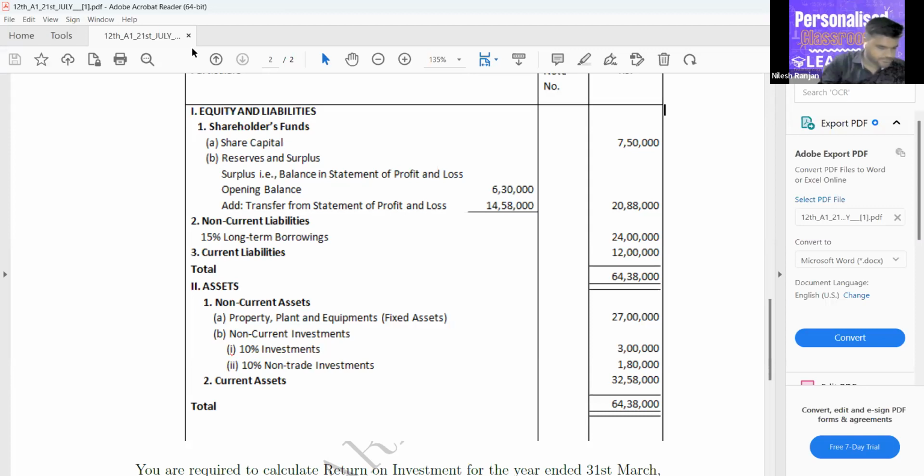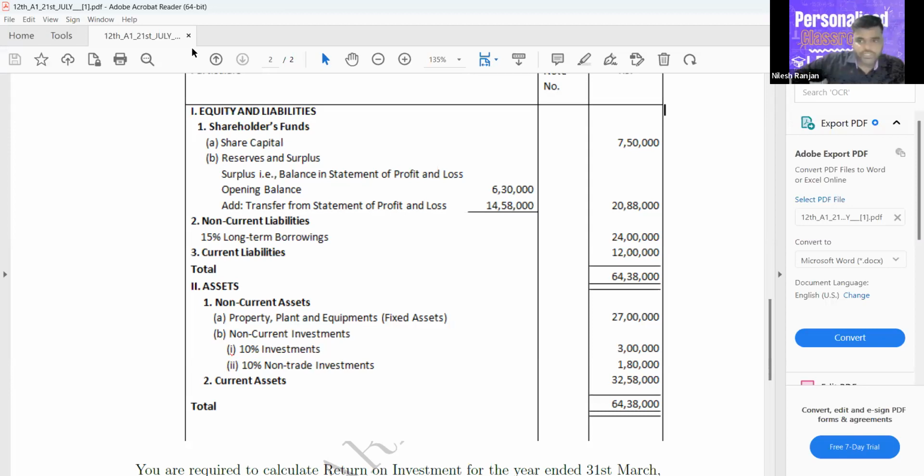It is under return on investment, question number 165. Return on capital employed or investment. Now, can you read the first line? Net profit before interest and tax 4 lakhs, 15% long-term debt 8 lakhs, shareholders fund 4 lakhs. Calculate return on investment.